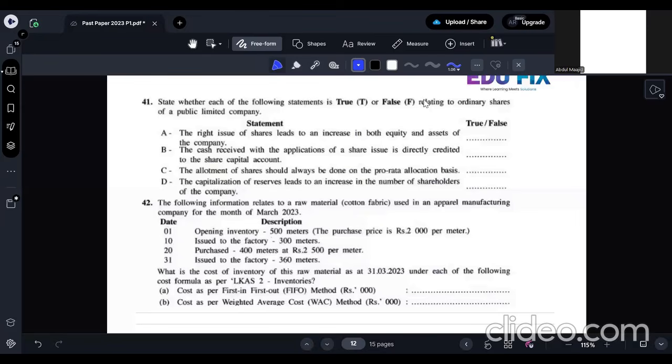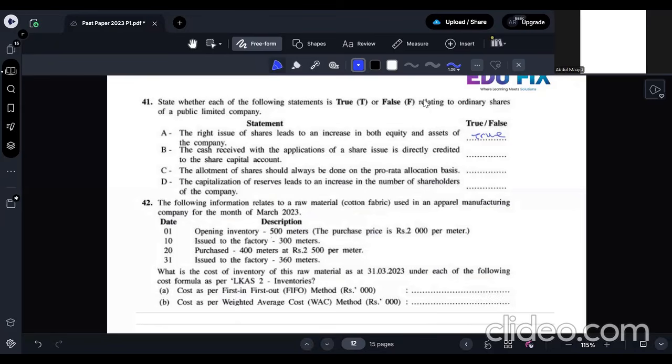So asset will increase. That is true. The cash received with application of a share is directly credited to share capital account. No, first of all we have to credit it to the share issue account, and after that return whatever the excess received amount, and then only we will put the amount we actually issued to the share capital account.